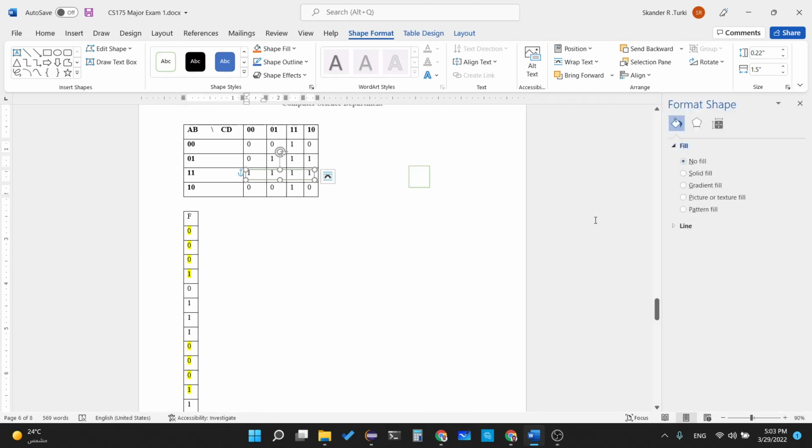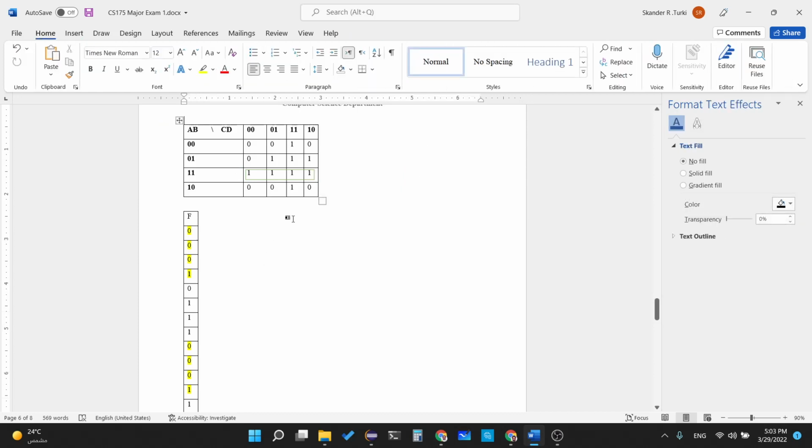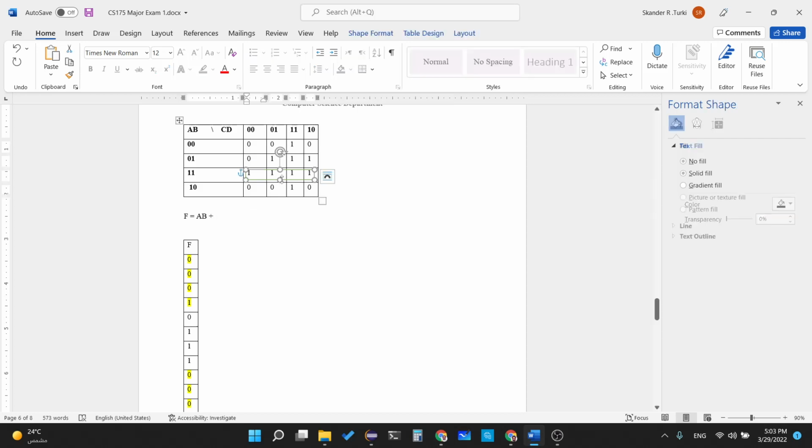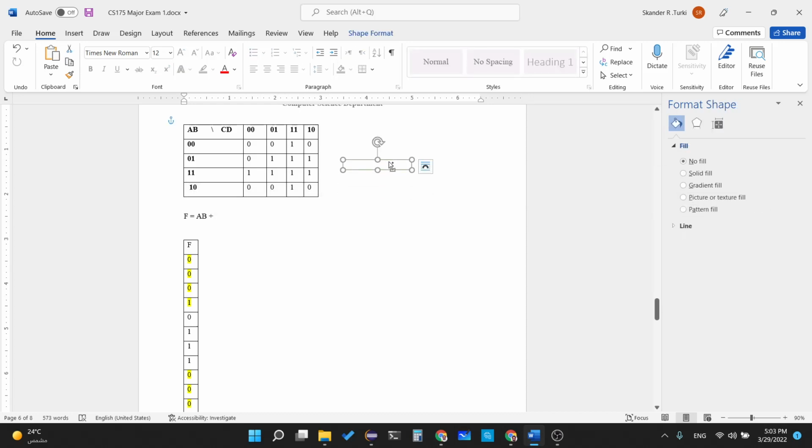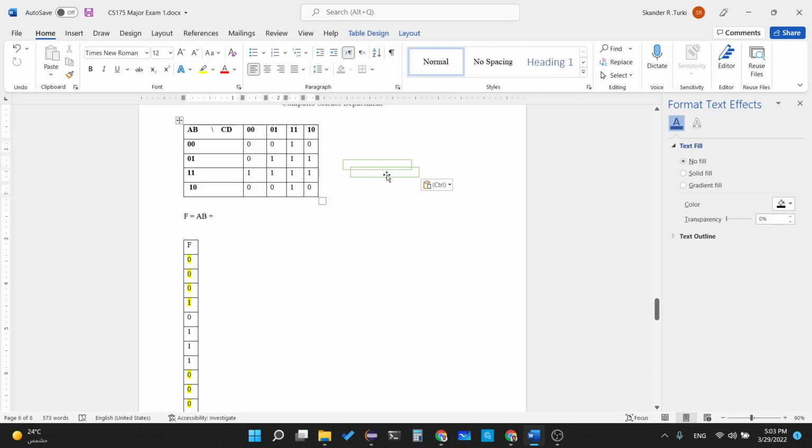Okay, so this will give us AB, and then I put the rectangle back.